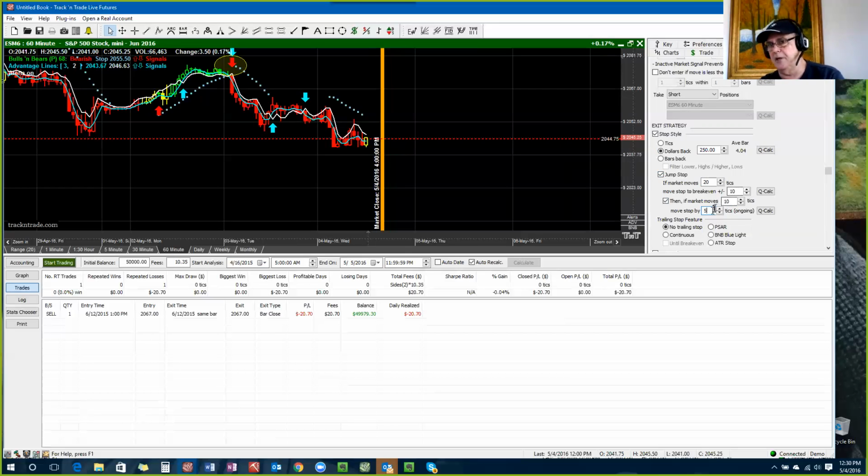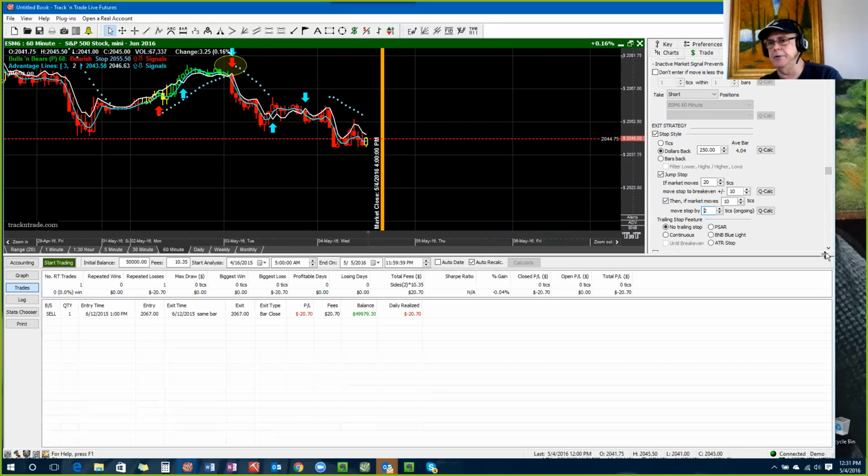So now you're locked in 200. Then if it drops another 125, it's going to lock in another 5 ticks, another 62.50. Nice. And that will just continue until you get stopped out.